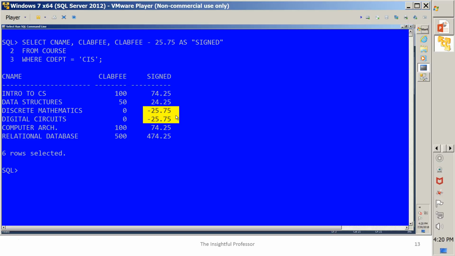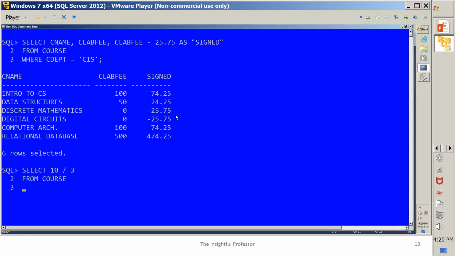Now, let me show you something where we're talking about the numbers and the accuracy. Let's suppose I say I'm going to select, and we'll select a literal value. We'll select a value of, say, 10 and divide it by 3. And I'll select this from the course table.